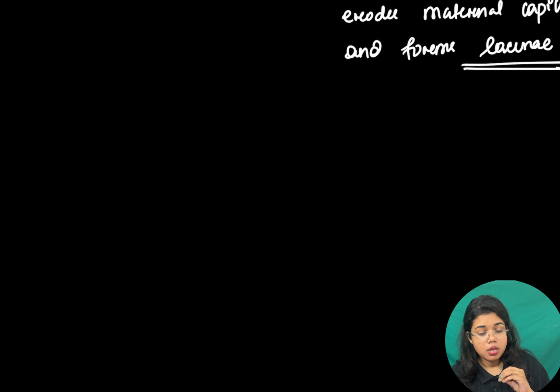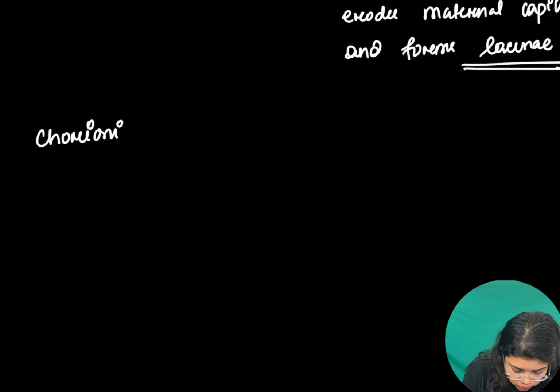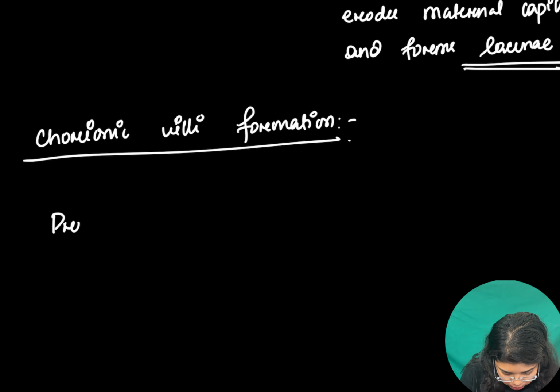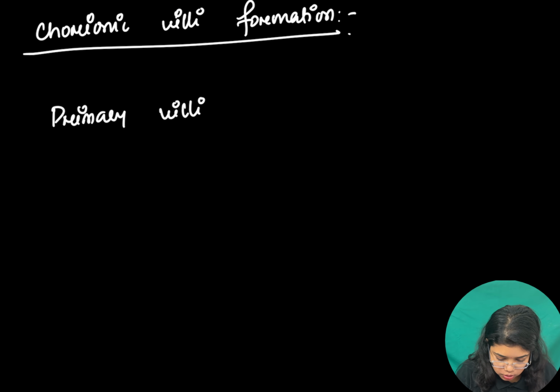And then how is the chorionic villi formed? Chorionic villi formation. First, primary villi. I will draw a diagram for you all so that you can understand in a better way.